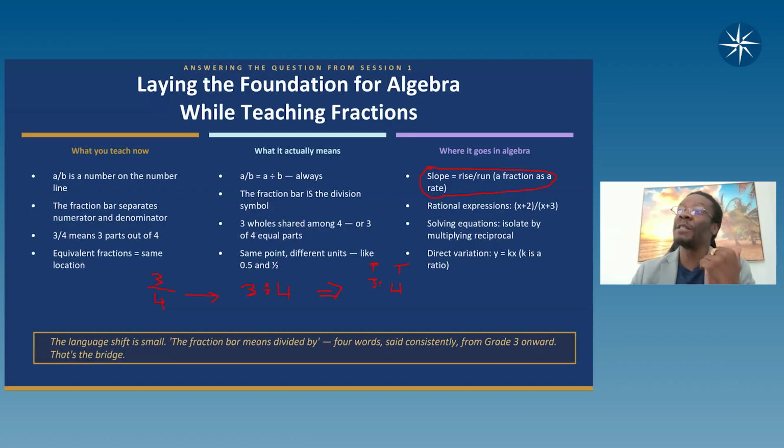And then this becomes important, as we said, when it gets to rise, over run, and variation, right? Direct variation, understanding the constant. The constant is actually the unit or the ratio that is necessary. And some of these concepts are much more abstract if you're not teaching at that level, but for those who work at the secondary level, they could see that.